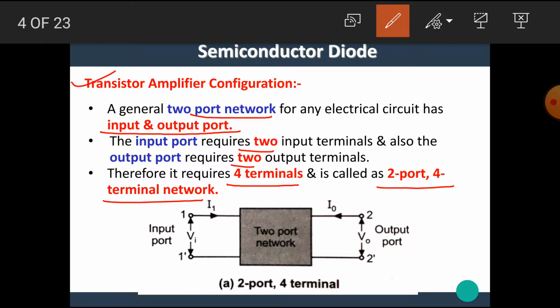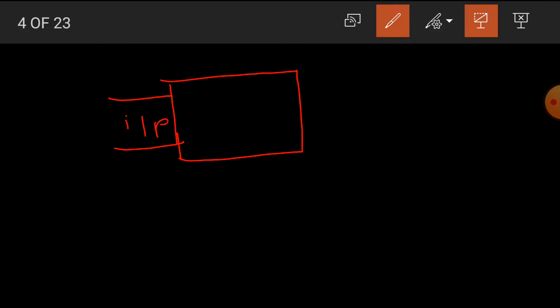That means in this diagram, the input port and output port are shown, in which there are two input terminals and two output terminals. Any electronic or electrical circuit or system has two input terminals and two output terminals.